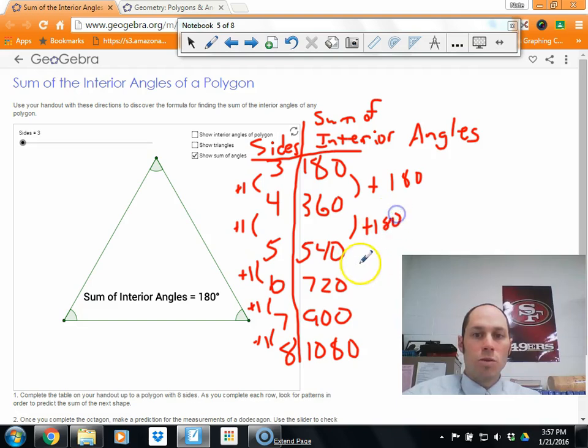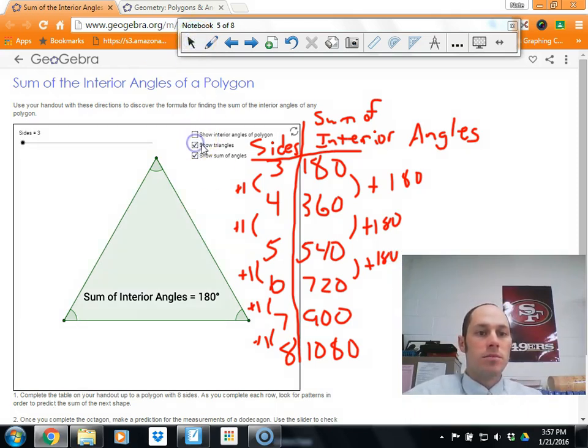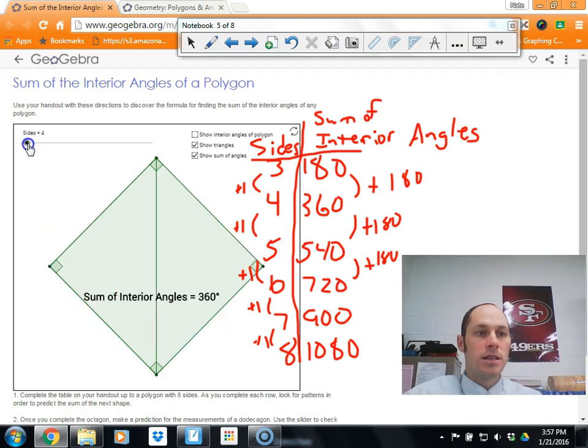So the question is, why is that working? Why does it do that? So the way we can figure that out is if we make triangles, because triangles have 180 degrees. If I split my square, my quadrilateral, into two triangles, 180 degrees in each one, that gives me 360.